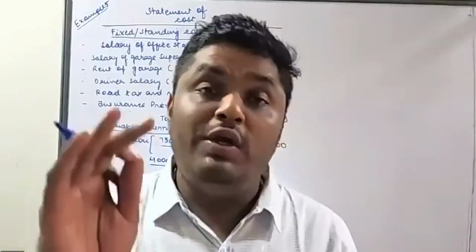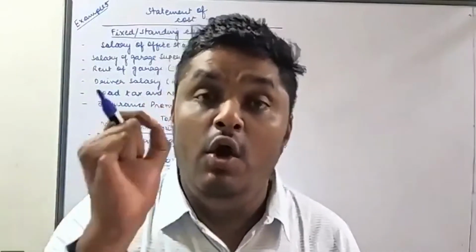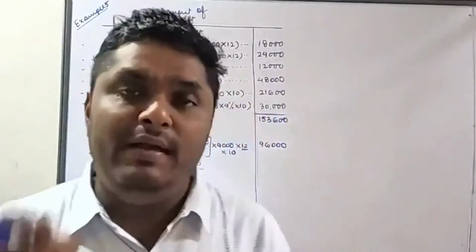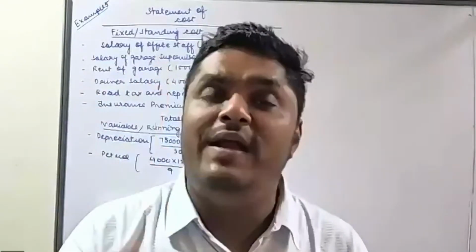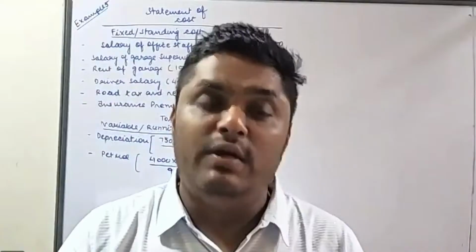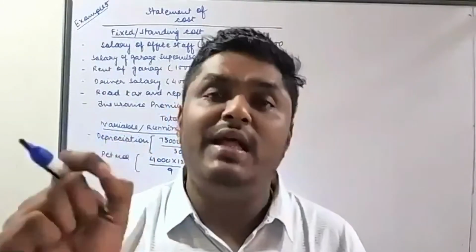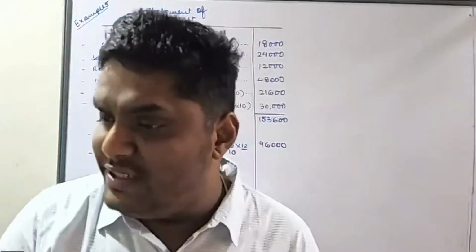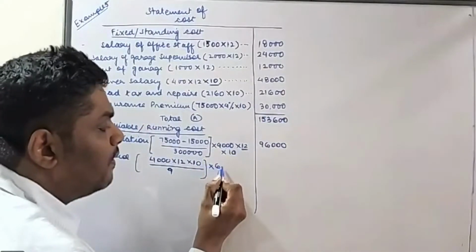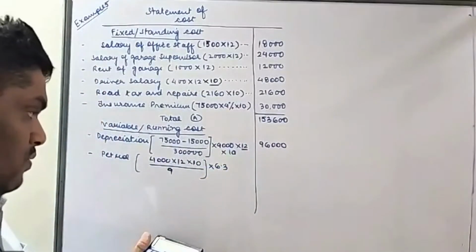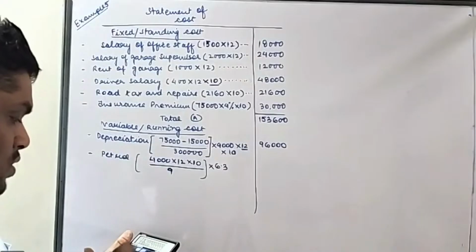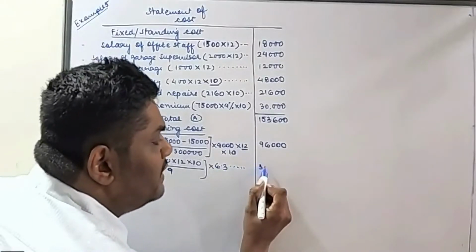See, it is a very simple question: 48,000 into 10, total 4,80,000 kilometers the taxi ran, and a taxi runs 9 kilometers in 1 liter of petrol. See again, I repeat, a taxi runs for 9 kilometers in 1 liter, so we are running actually 4,80,000 kilometers divided by 9, it means 53,333 liters of petrol is required, into the rate of petrol, the rate of the petrol is 6.3. So this is 3,36,000.